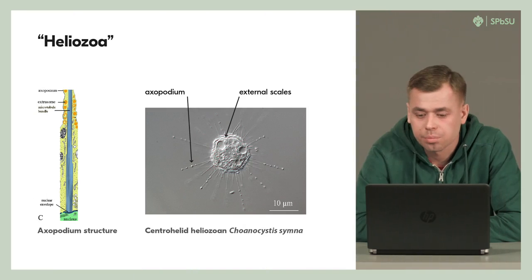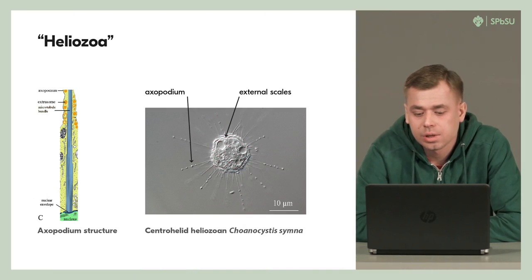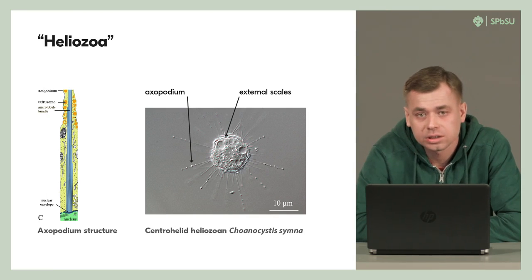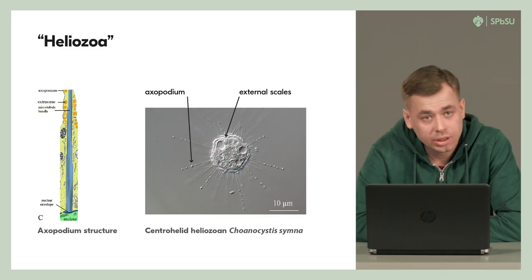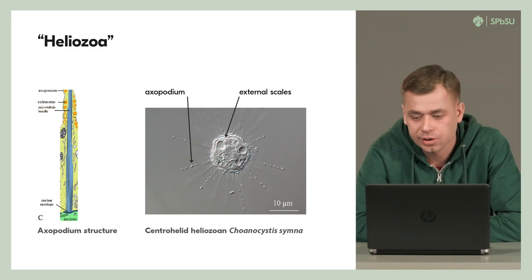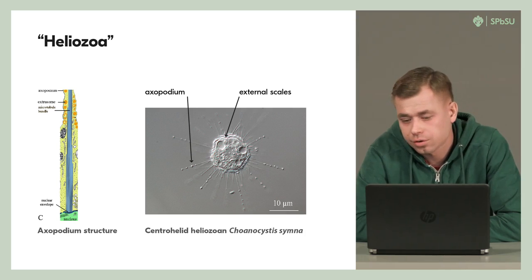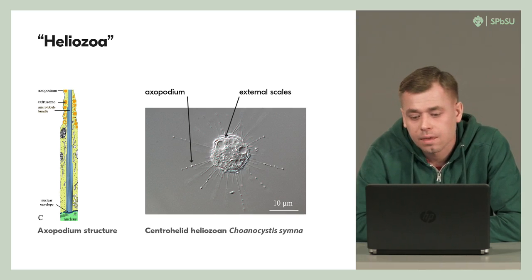And the last type of amoeboids, the heliozoans and also radiolarians, share a similar type of pseudopodia, the axopodia. Axopodia are straight, thin, and supported with a bundle of microtubules. But heliozoans, unlike radiolarians, do not have an internal skeleton. Instead, they often have extracellular skeletal elements surrounding the organisms.